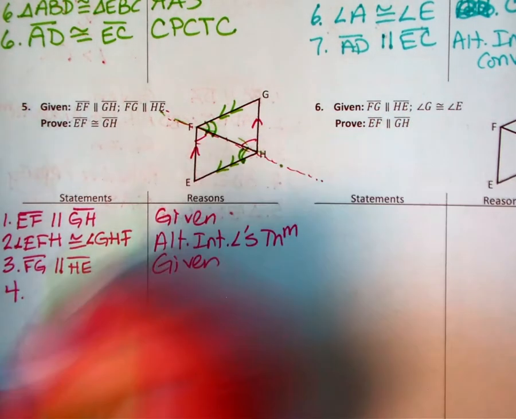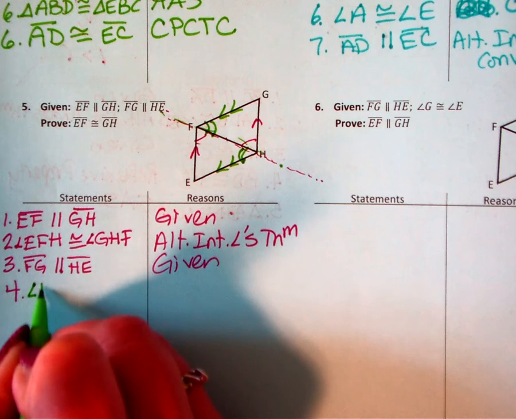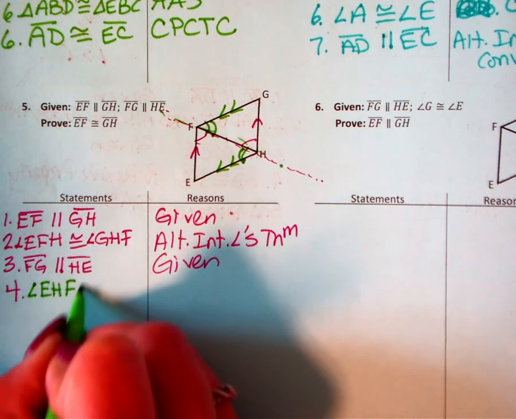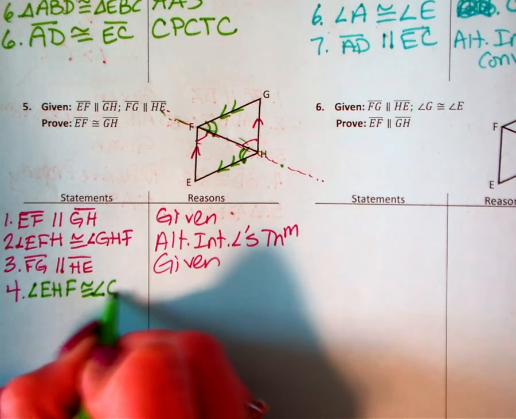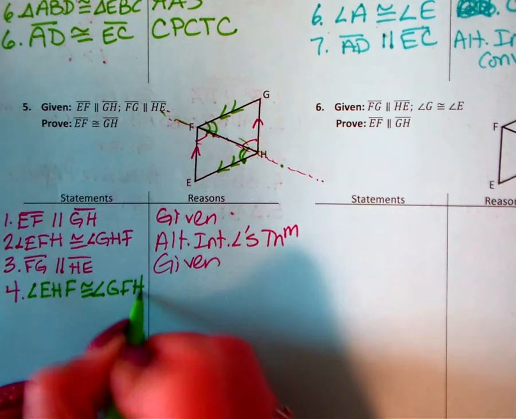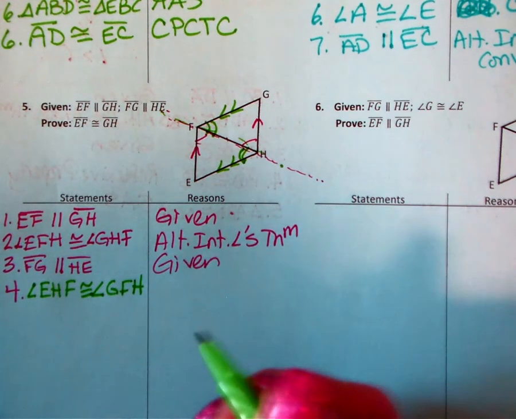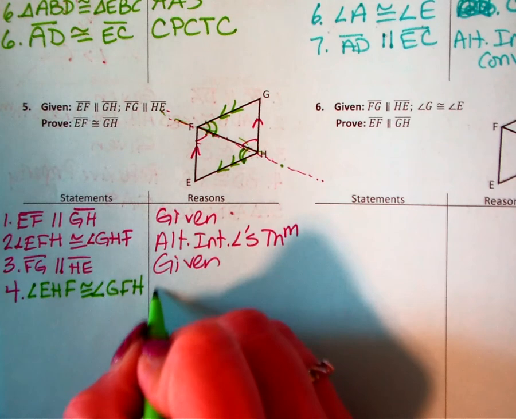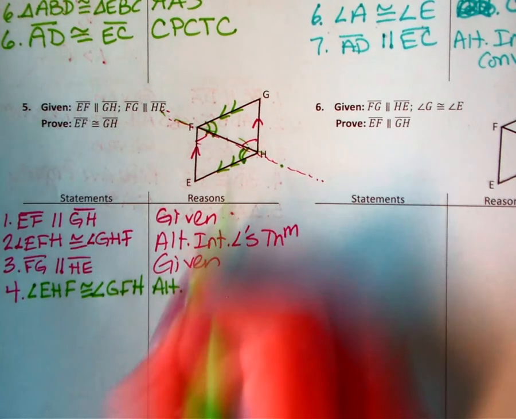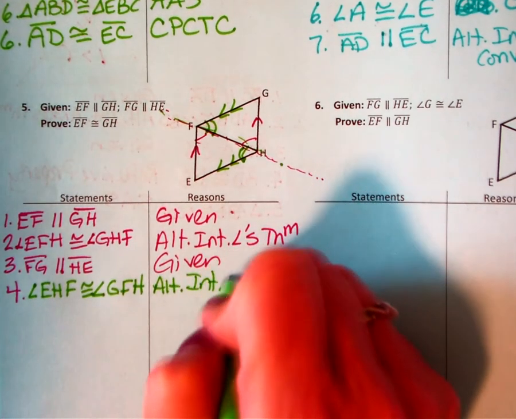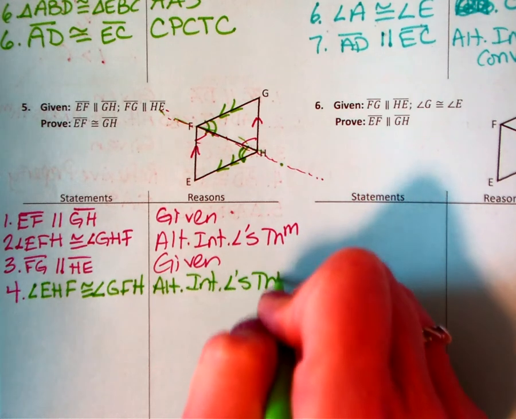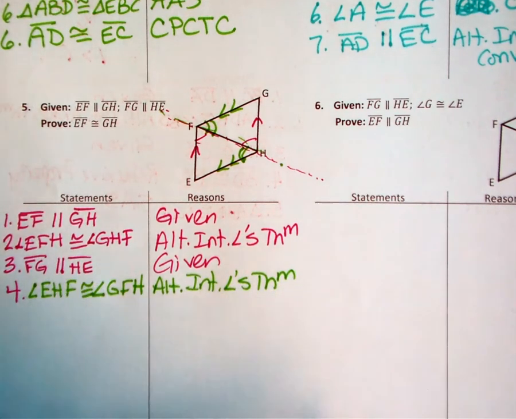So angle EHF is congruent to angle GFH. And that is the alternate interior angles theorem, based on being given the two parallel lines there.